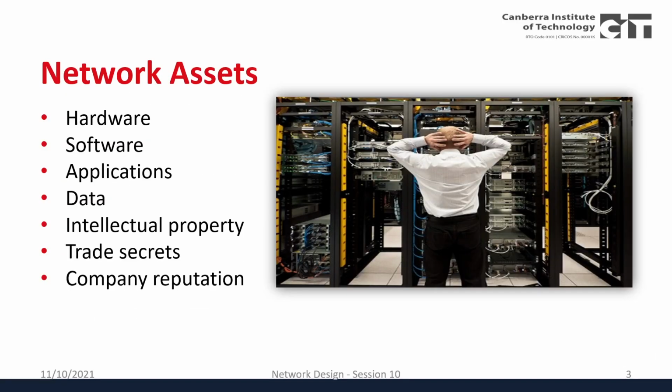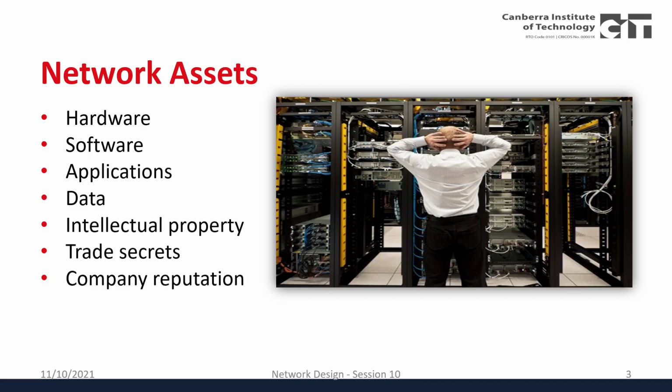So let's get started with the first one, which is the importance of network assets. Now, basically, we cannot protect what we don't know we even have. Imagine this: if a company doesn't know exactly what servers, what computers, what devices they have connected to the network, they won't be able to protect all the points in the network.